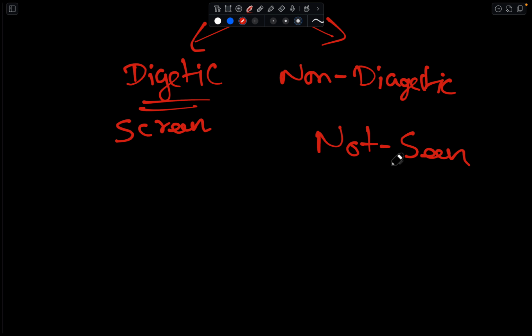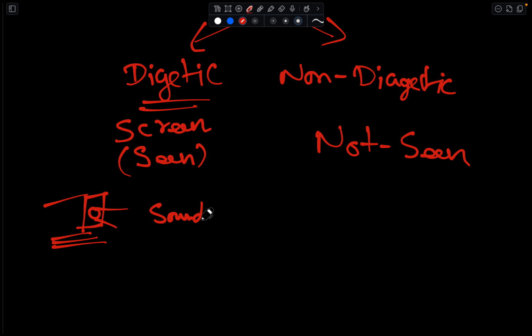What do we mean by seen on the screen? Say for example, a train is coming. You are seeing a train coming in full speed, right? There are tracks and the train is coming. If you hear the sound of the train, that is diegetic.